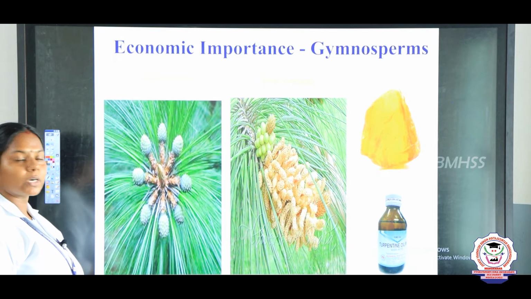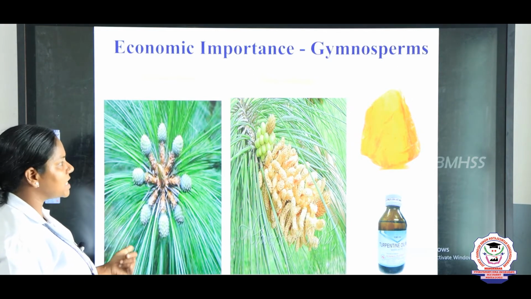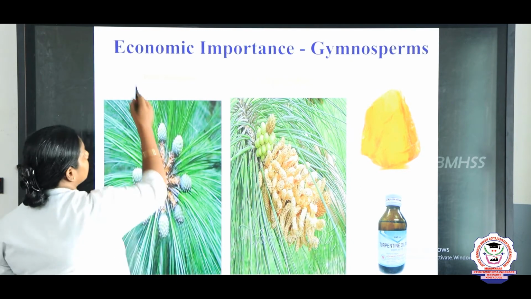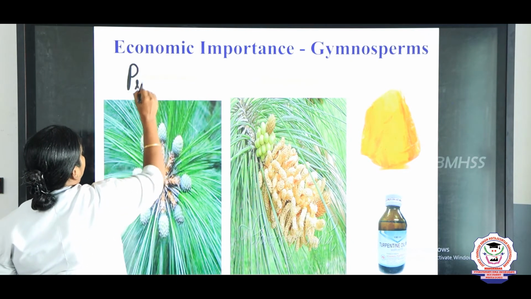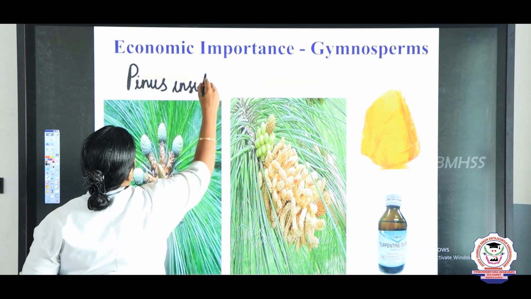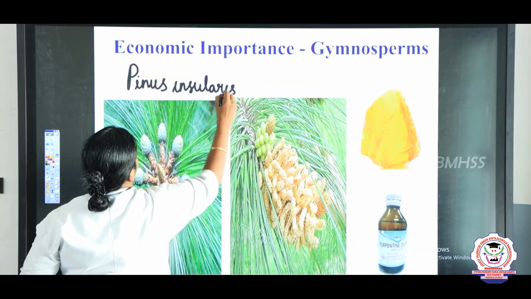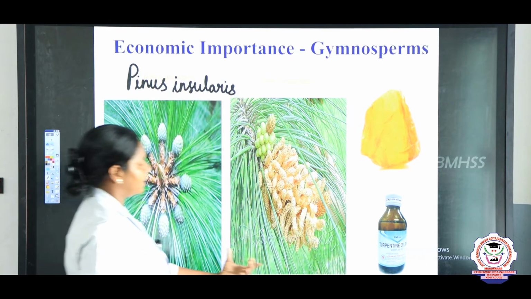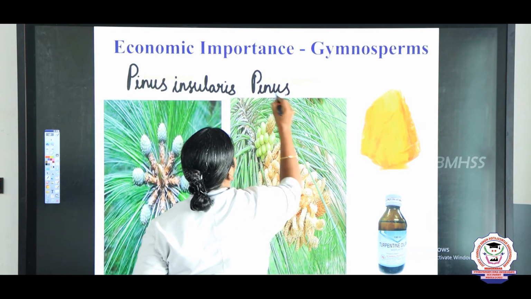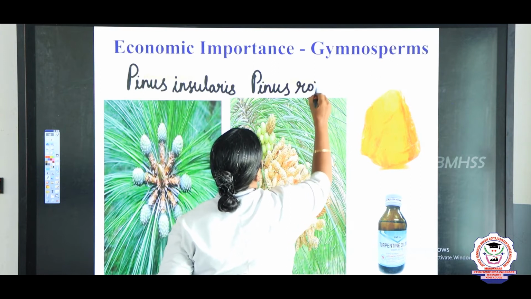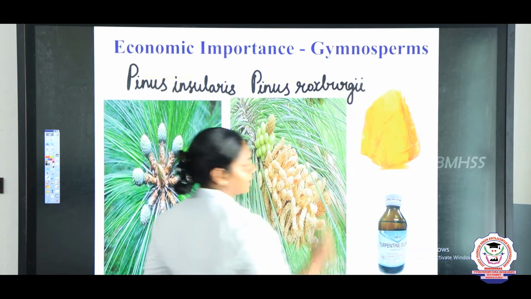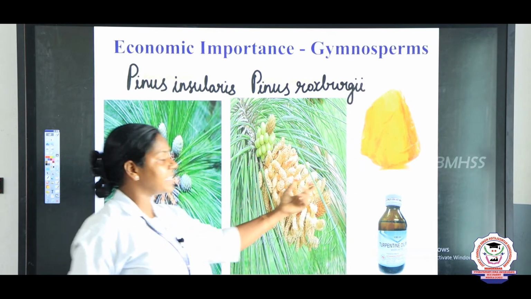The next economic importance we are going to see is Pinus insularis and Pinus roxburghii. What is the name of this plant, children? Pinus insularis, and this one is Pinus roxburghii, and the substance obtained from these plants is rosin.